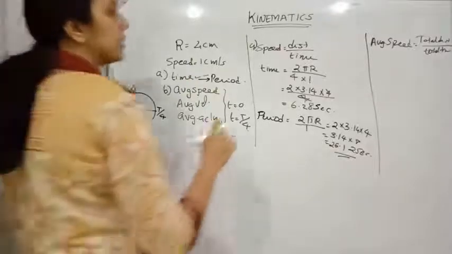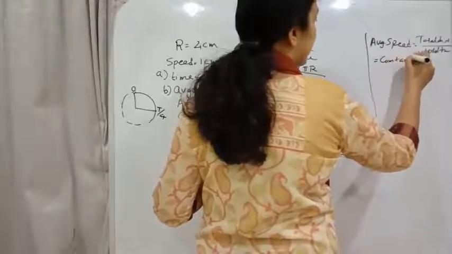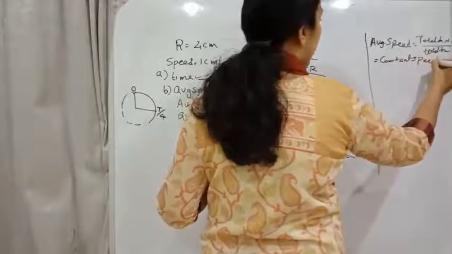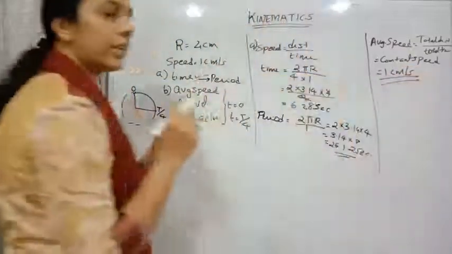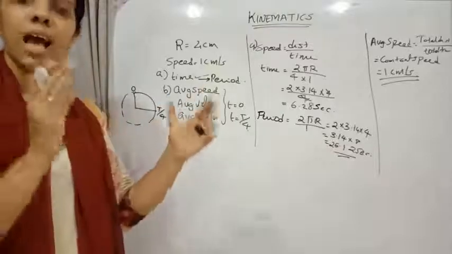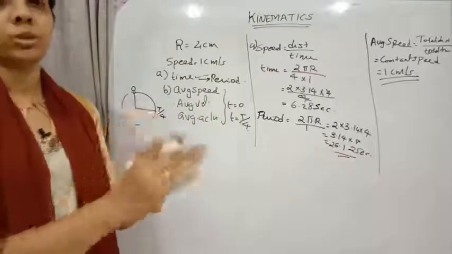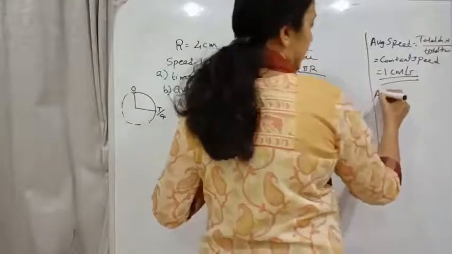So if the object is moving under constant speed, average speed will be equal to that constant speed, which is 1 centimeter per second. Next is average velocity.